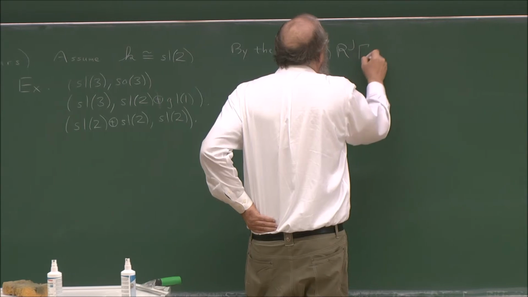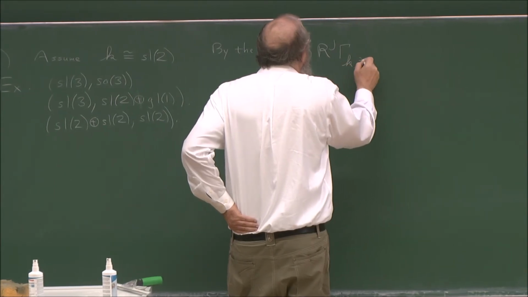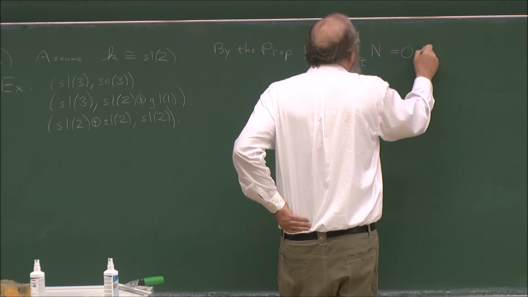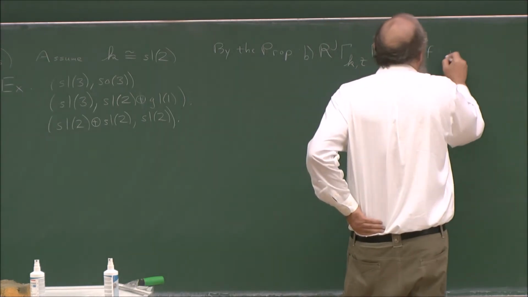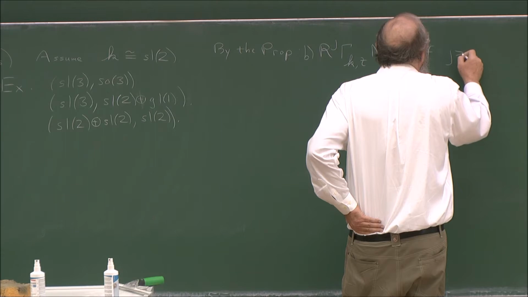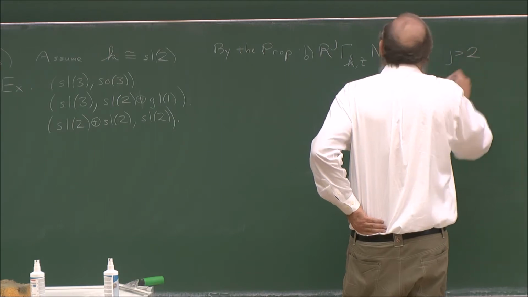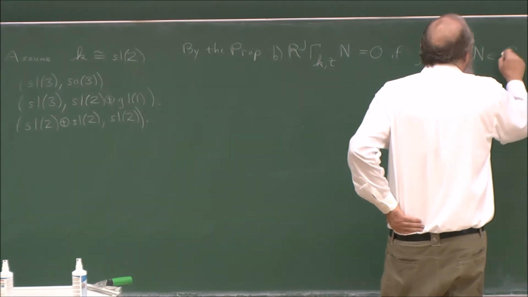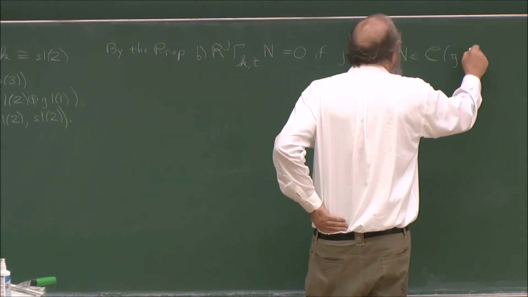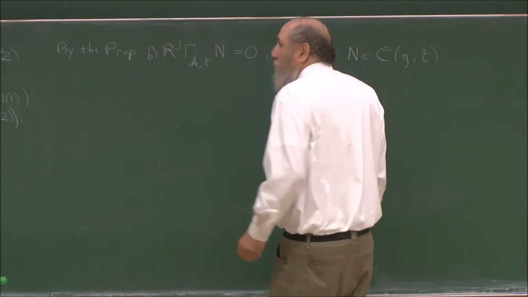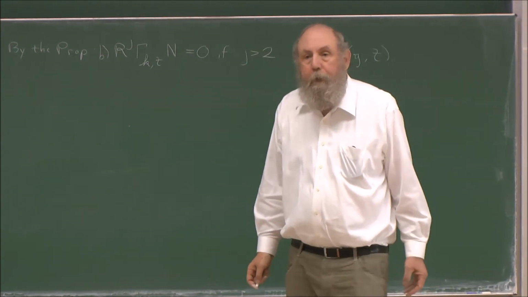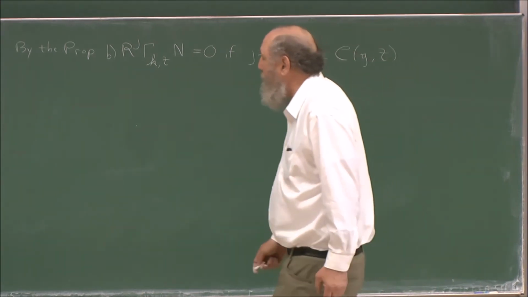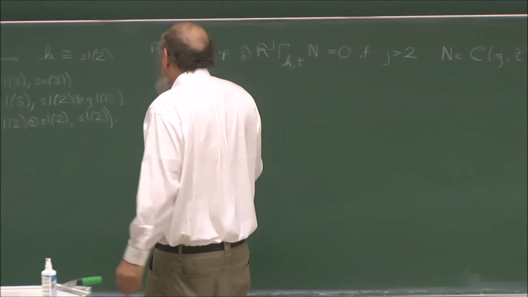R^j M, K, T, and this equals 0 if j is greater than 2. Algebra of K, which is now one dimensional.